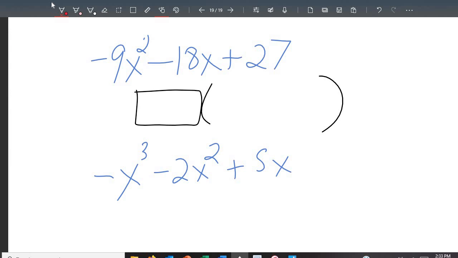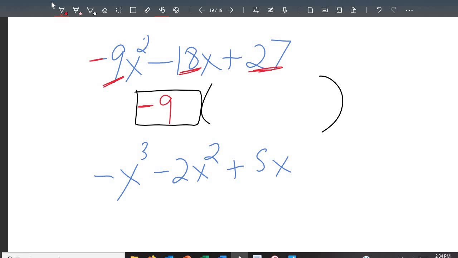Alright. Notice the first term is negative, so my GCF will be negative. Now I've got a 9, an 18, and a 27. The biggest number that can divide into all three of those is a 9. Now notice this time they don't all have an x, so the only thing on the outside is going to be a negative 9.